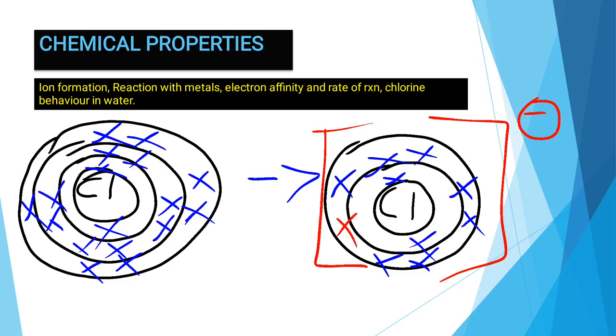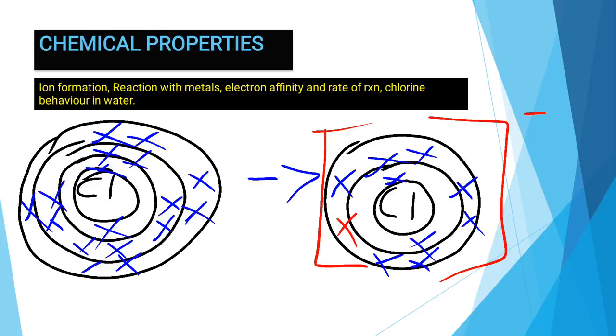Ideally, this is -1, but then 1 is very insignificant and we leave it as a negative. So every time this reaction takes place, there is an energy that is lost. That energy that is lost during this process of ion formation is what we call the electron affinity.